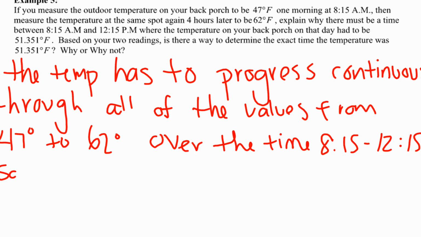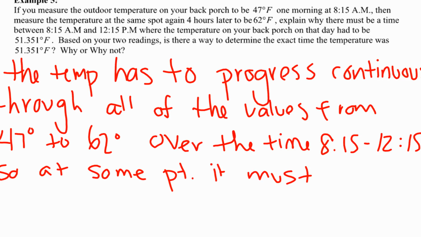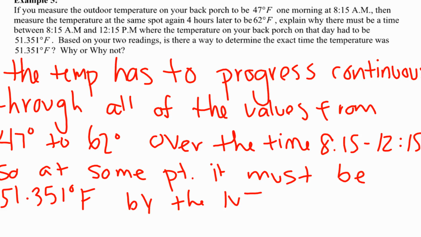So at some point, it must be 51.351 degrees Fahrenheit by the IVT. So at this point, there's no exact way to determine what time it hits that unless we had a lot more data or a function to model this data.